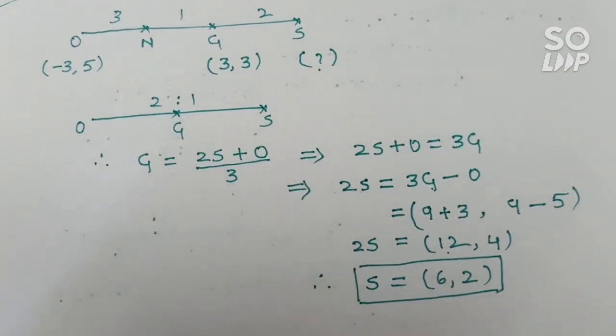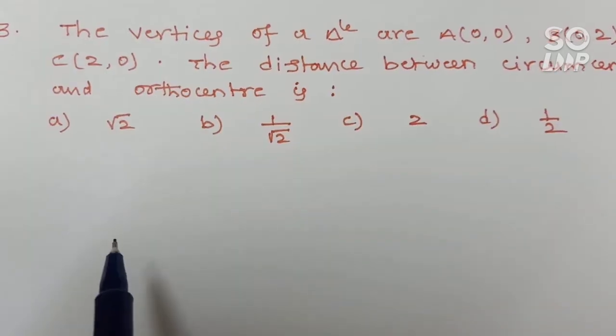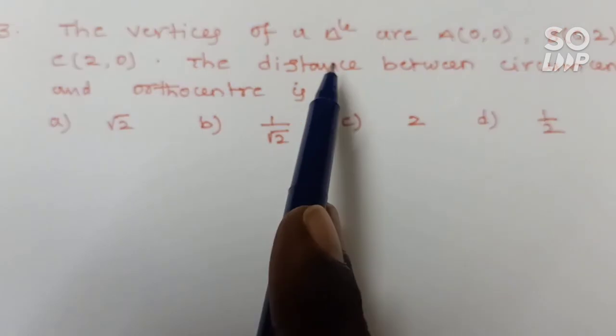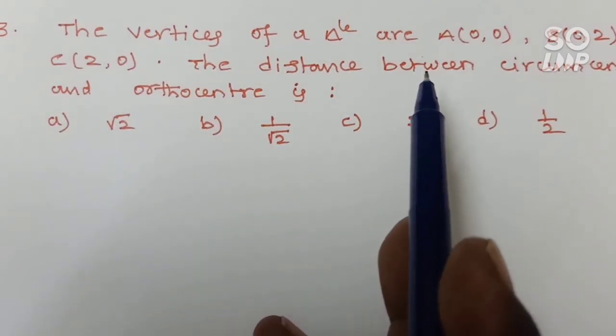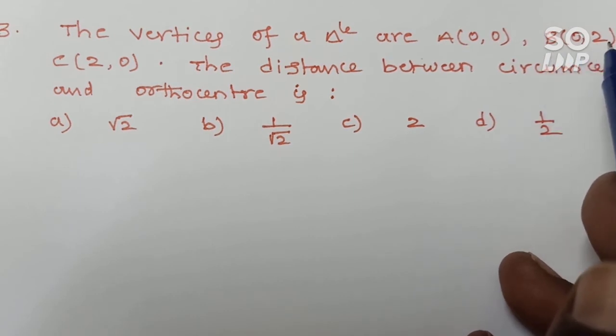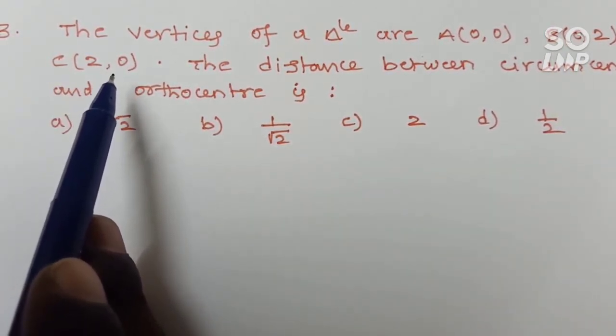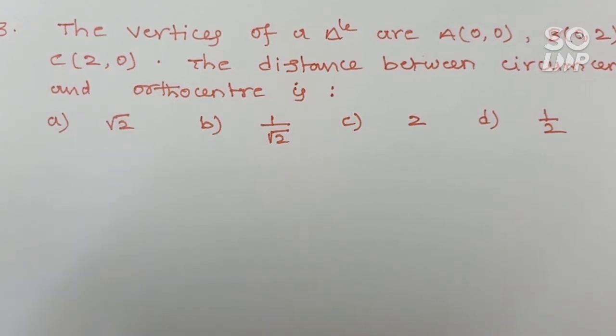Now see this one. Here the circumcenter S is equal to 6, 2. Right. Next we will see one more question. See, in this problem, the vertices of a triangle are A is equal to 0, 0, B is equal to 0, 2, C is equal to 2, 0.